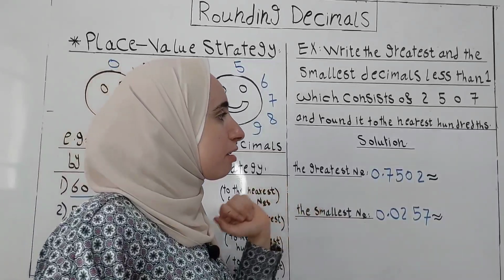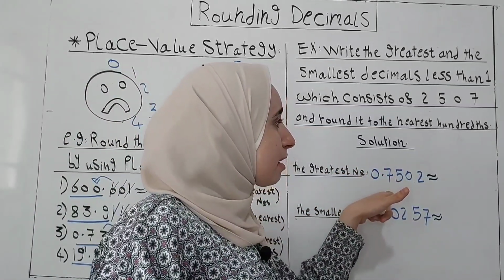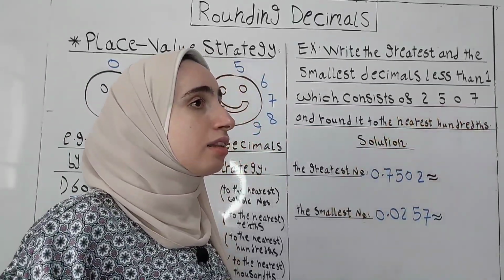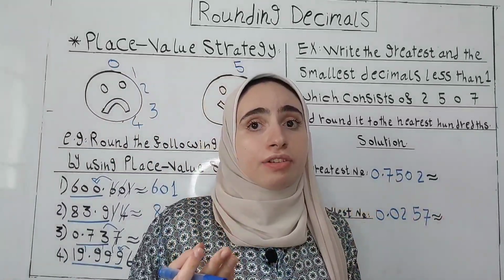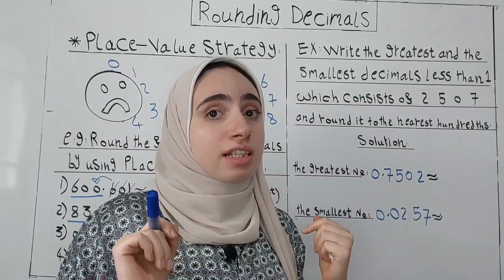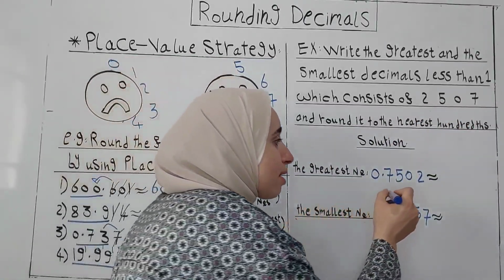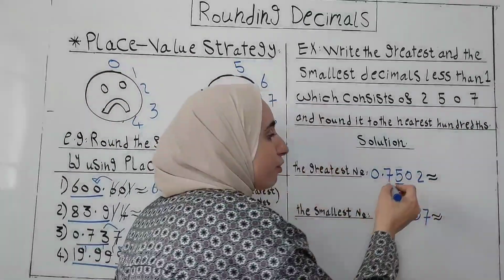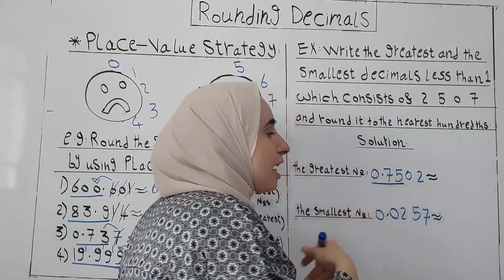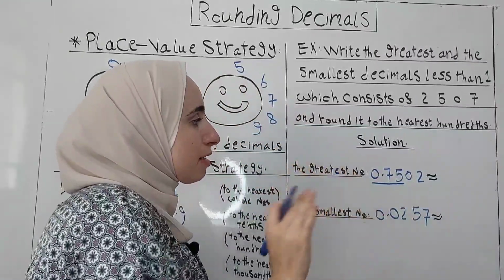Now we need to round this decimal number to the nearest hundredth. First, we look for the digit in the hundredth place, which is 5, and all digits in the next higher place.